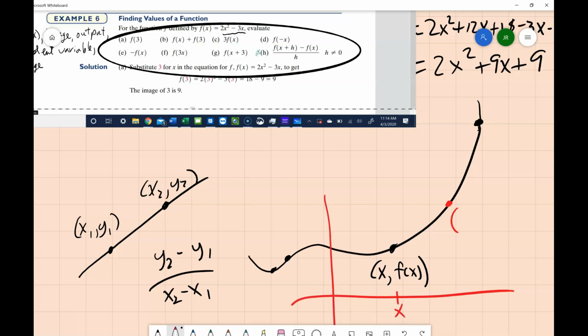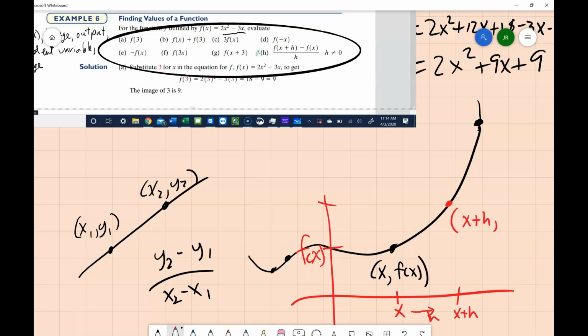Here's x, f of x. That's that ordered pair. But let me slide over how much? Let's call it h, the amount that I slide over here, so that this is the value x plus h.